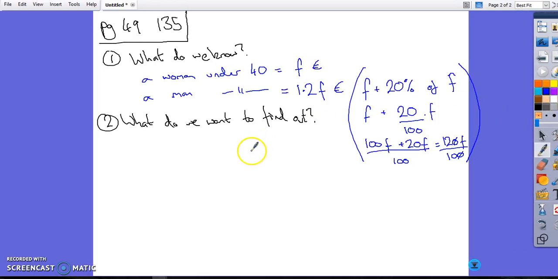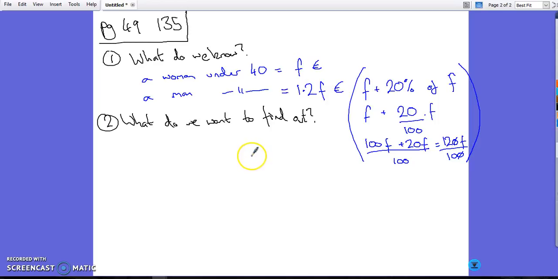Well, we need a formula for the total cost for a husband and wife that have decided to take out this insurance policy. So let's call it maybe C for total cost. And obviously the married couple will have one man and one woman.